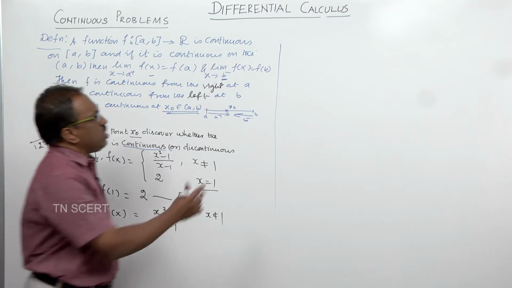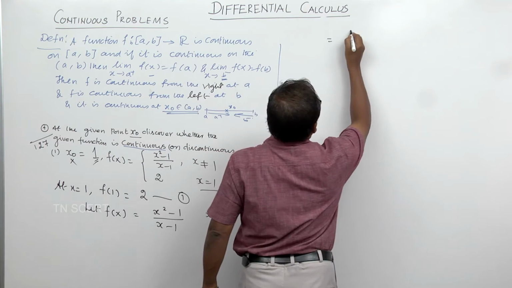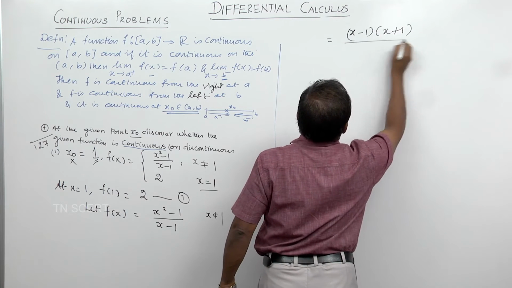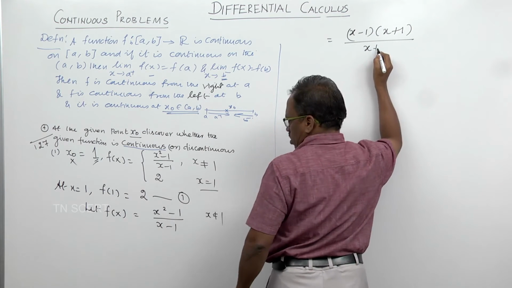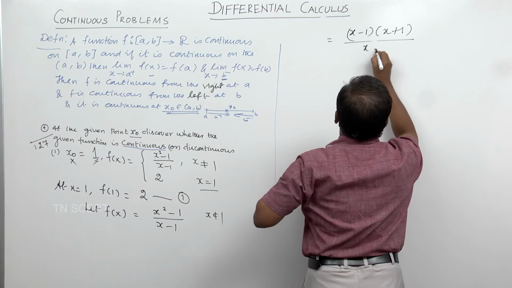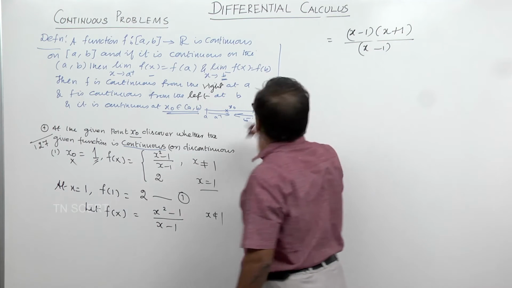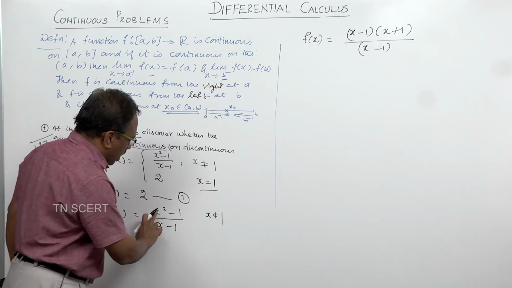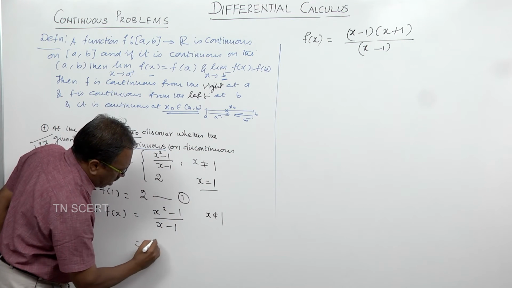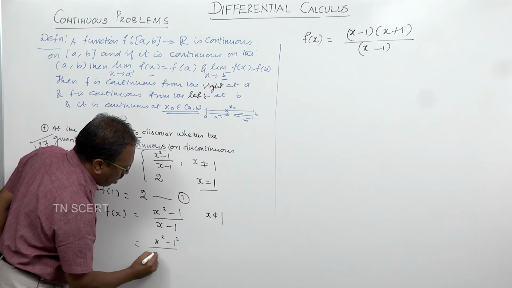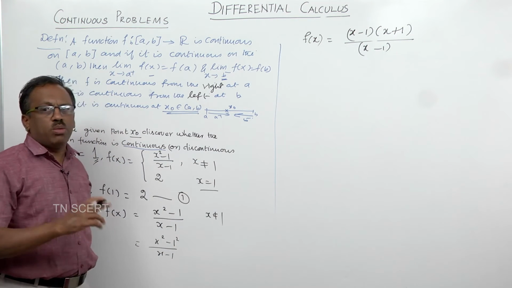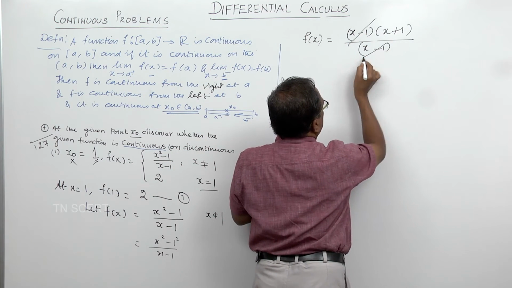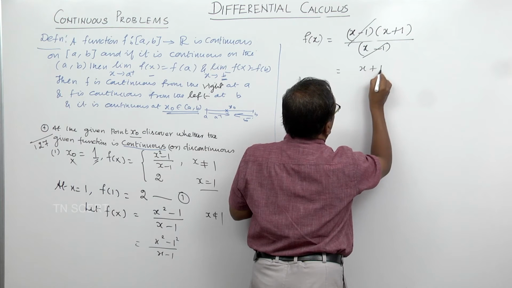So, here you simplify this term, that is nothing but x minus 1 into x plus 1 by x minus 1. I have factorized using a square minus b square: x square minus 1 square by x minus 1. A square minus b square is a minus b into a plus b, and by cancelling, I am getting x plus 1.